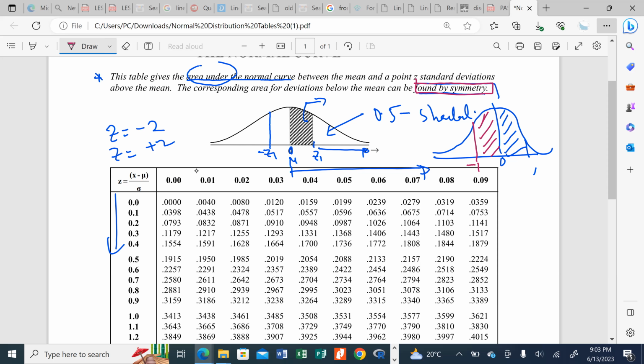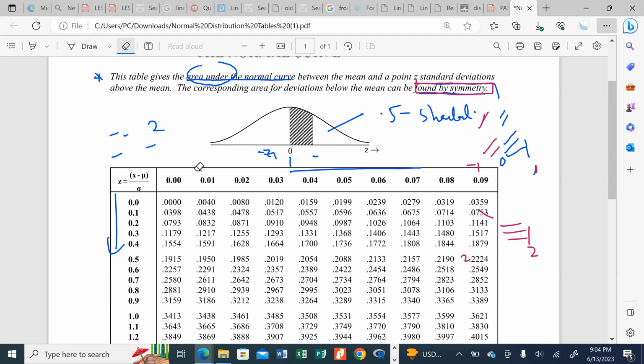If you know the area from 0 to 2, this is 2, and this is minus 2, and this area is the same as this area. So you just need to check the positive and you are done. So our tables are as explained there.